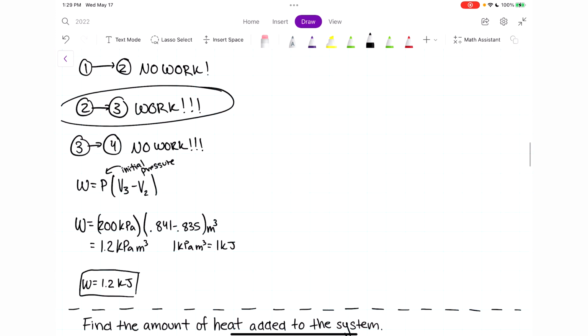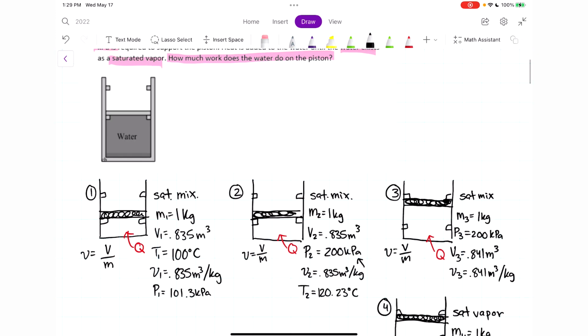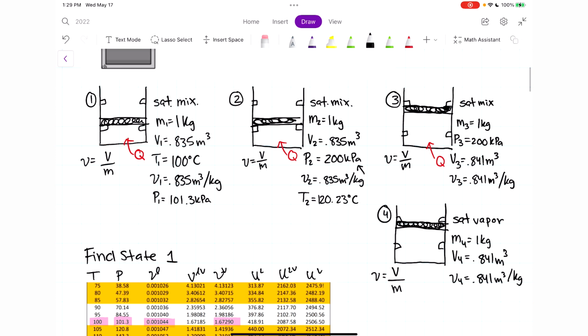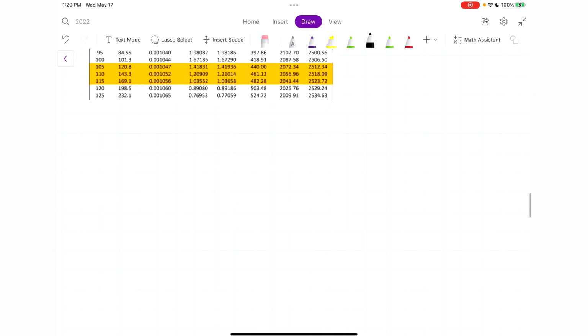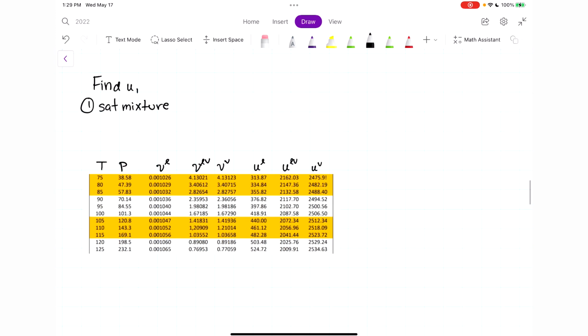And we know that the specific volume is 0.835 meters cubed per kilogram. Go ahead and write that down. Specific volume is 0.835 meters cubed per kilogram. And we know that the temperature in state 1 is 100 degrees Celsius.